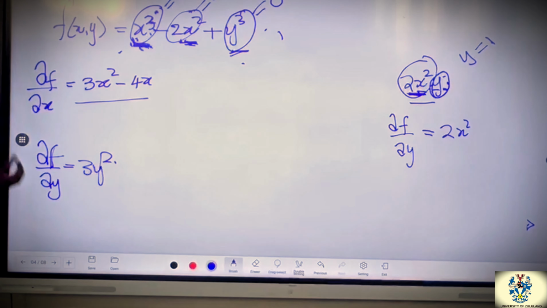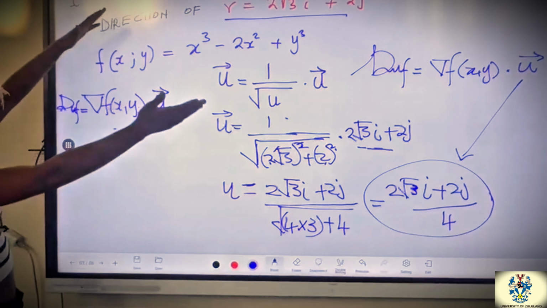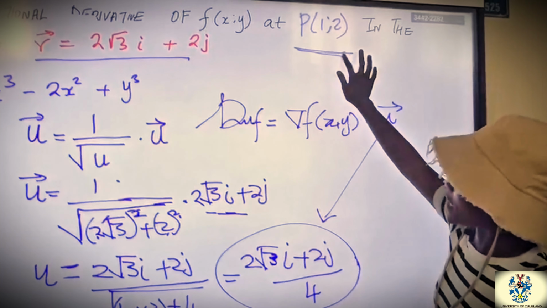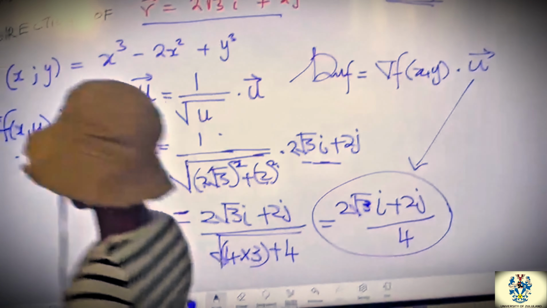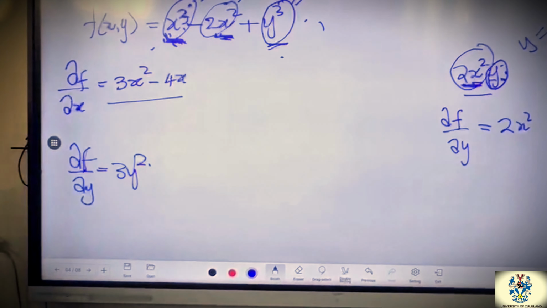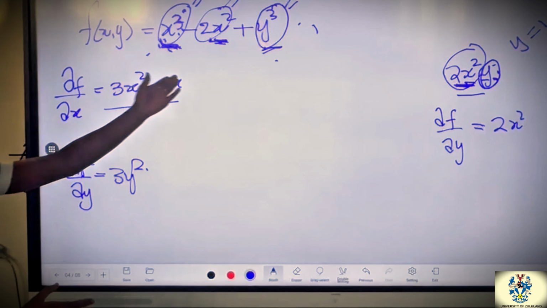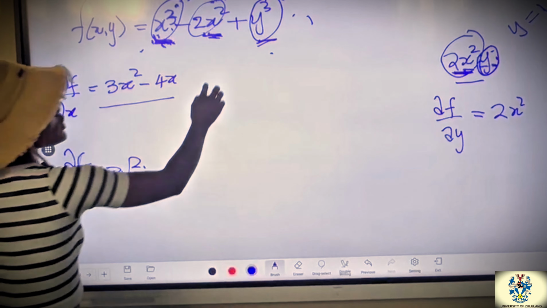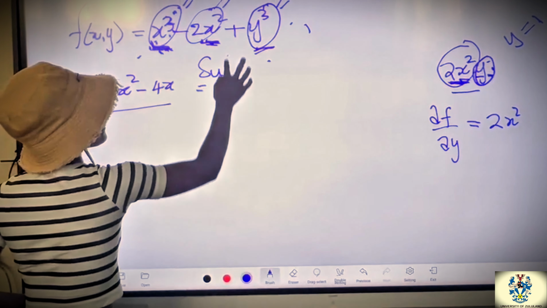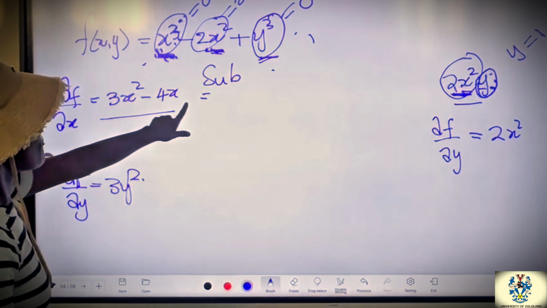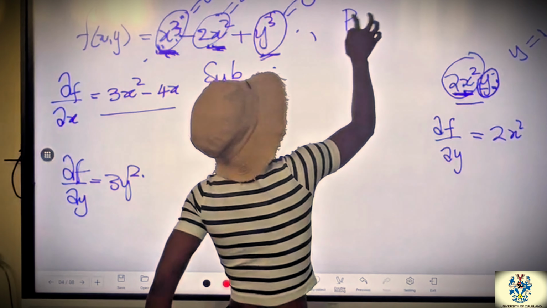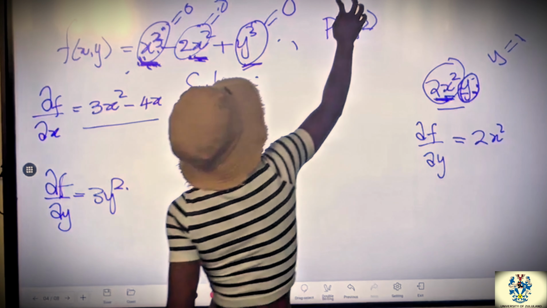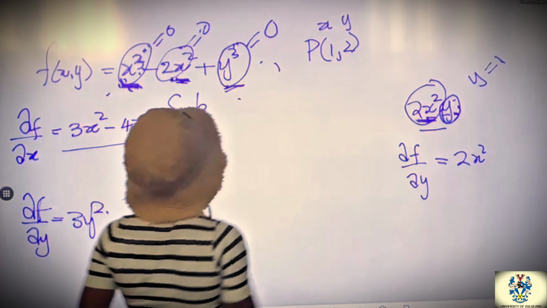Previously, in the statement, we're given a point P, which is (1, 2). What do we do with that point? We simply substitute it into our partial derivatives. This is our x and this is our y.